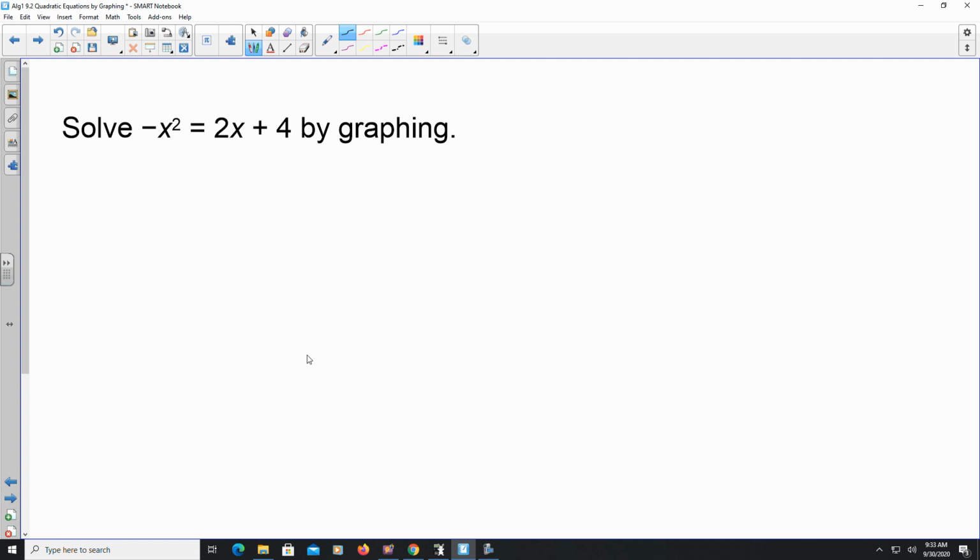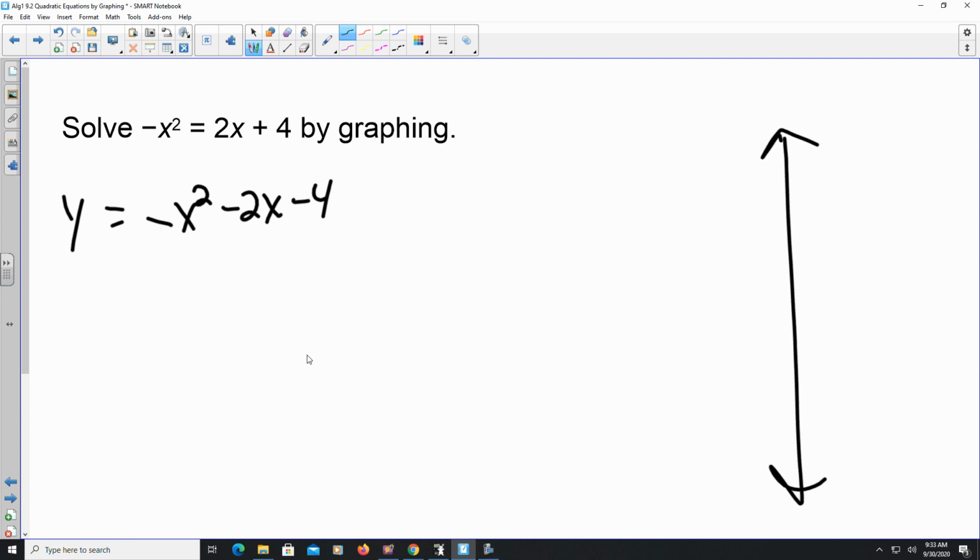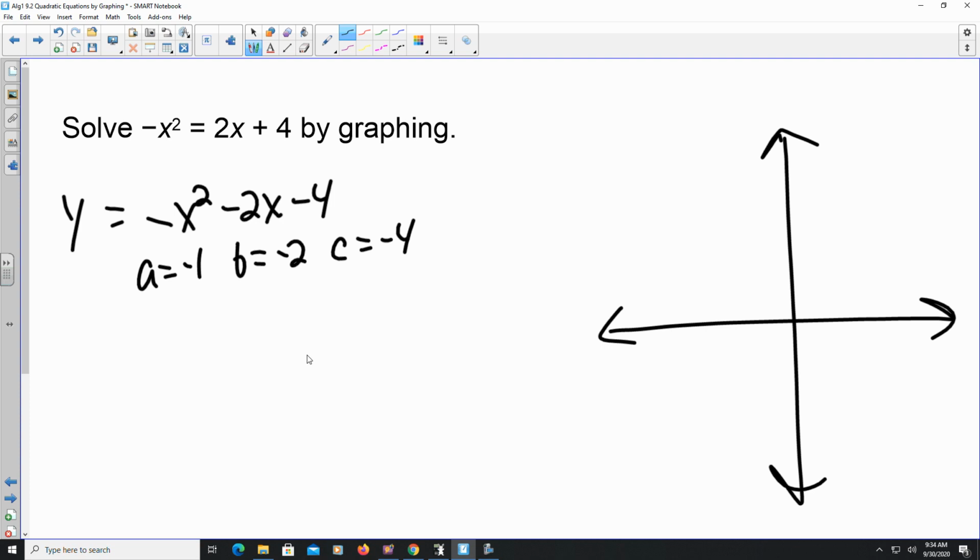So it's got the negative. Now let's go negative x squared minus 2x minus 4, and that's going to be set equal to y. So let's graph this one. A is negative 1, B is negative 2, C is negative 4.